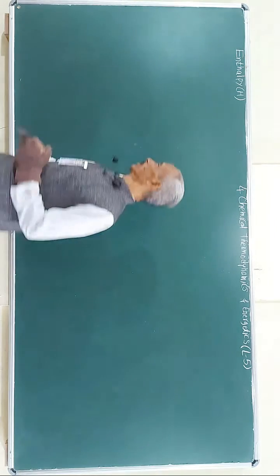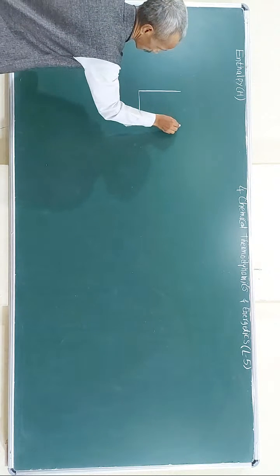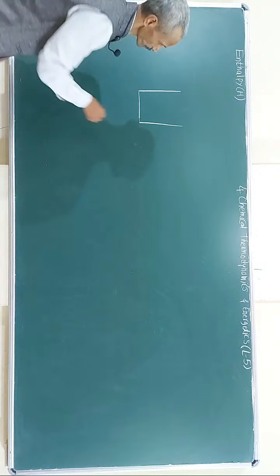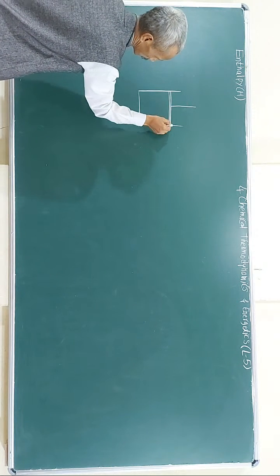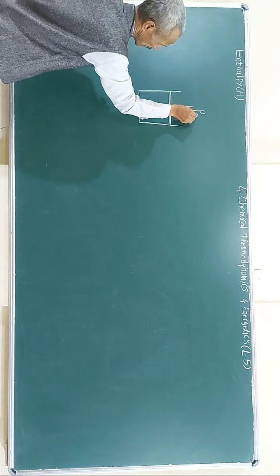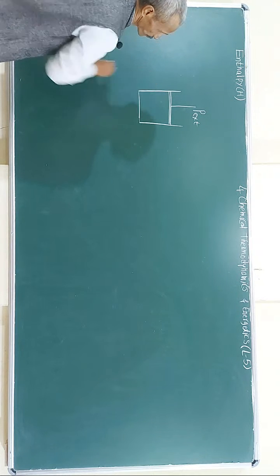Consider this system enclosing some gas, maybe an ideal gas, having a weightless and frictionless piston, and some opposing force is there, that is P external; P internal, the driving force, is also there.